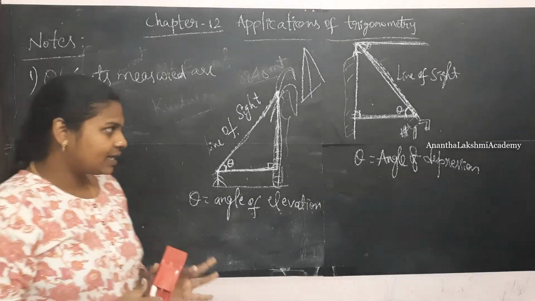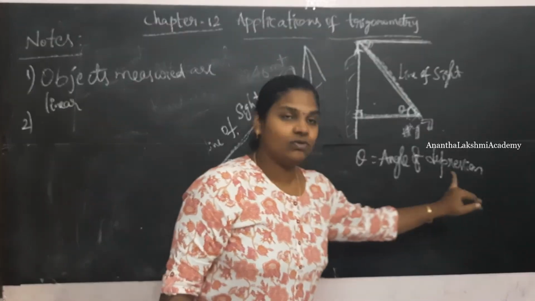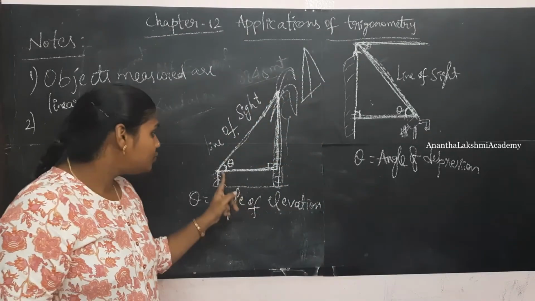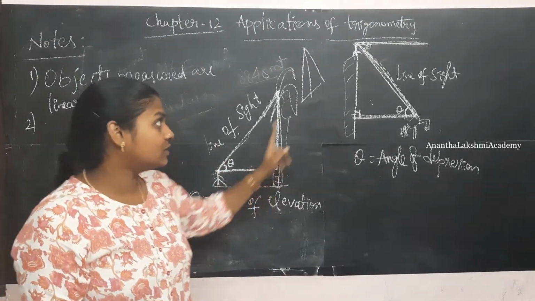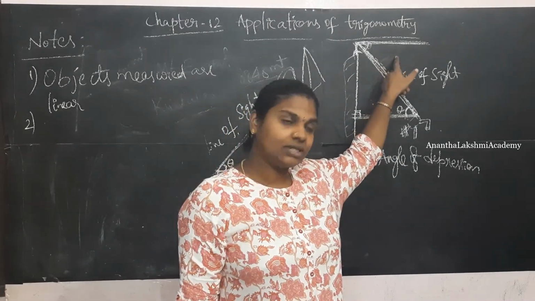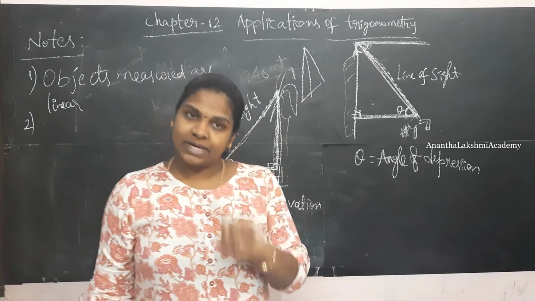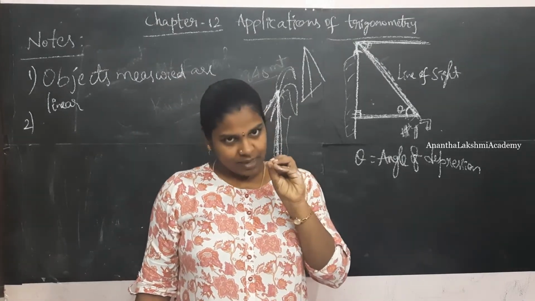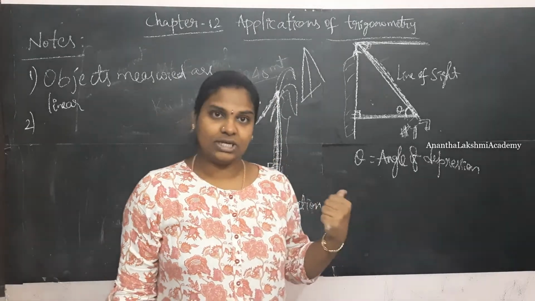Then, second important point. I told you about angle of elevation and angle of depression. But when I drew the angle of elevation, I drew it with respect to a horizontal. When I am drawing the angle of depression, I drew it with the horizontal line. So angle of elevation and depression are angles which are drawn with the horizontal line.